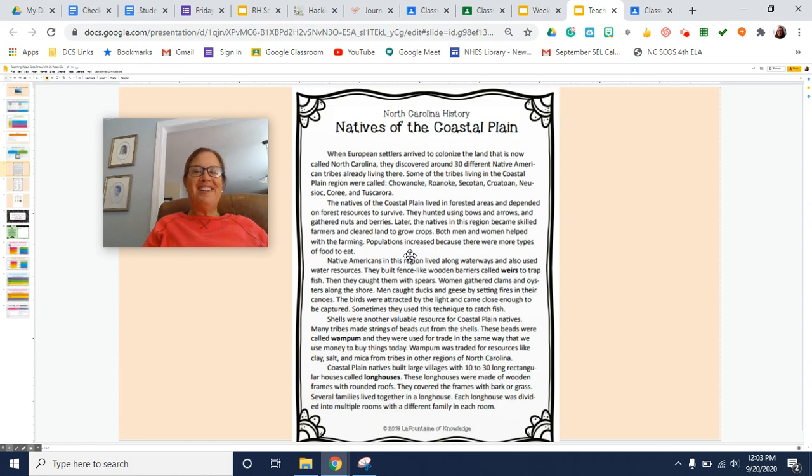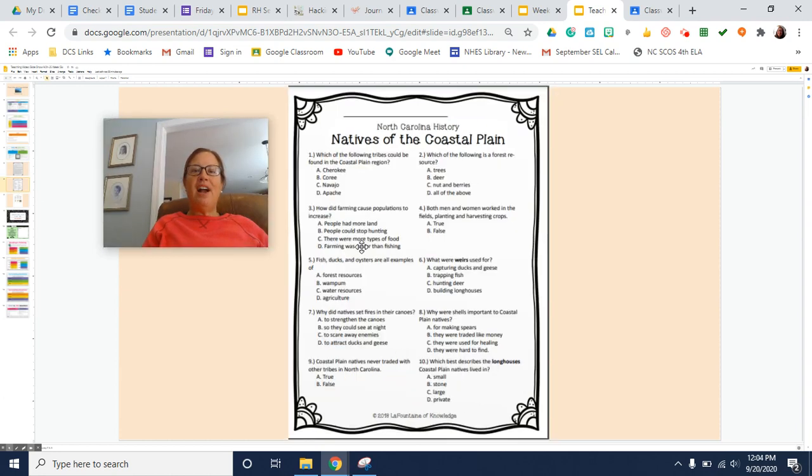Welcome back. What did you decide upon for number 3? I hope you went with letter C. There were more types of food, which helped people to be healthier, and they produced more people. Let's try 4. Both men and women worked in the fields, planting and harvesting crops. This is true or false.